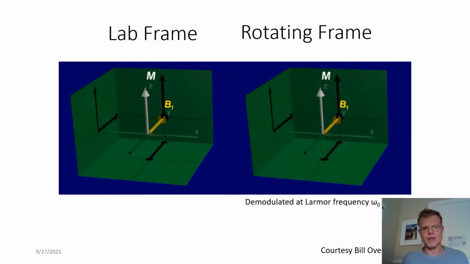But to simplify both our math and also intuition, we'll often use something called the rotating frame. You can think of it as we're moving our observation around at the same rate that these two fields are rotating around. So the same rate that the net magnetization is rotating around, the same rate that the RF induced magnetic field is rotating around.